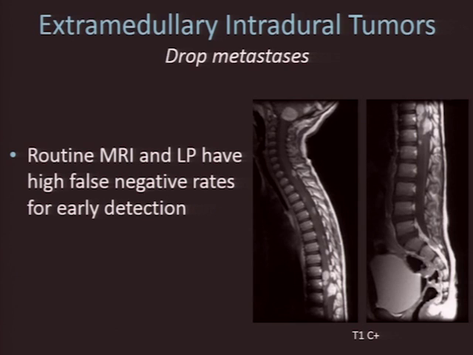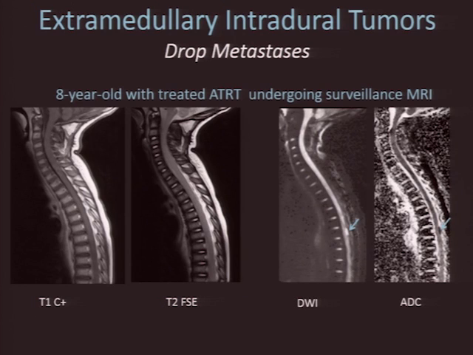And routine MRI and lumbar puncture have really high false negative rates for early detection. And we don't want to get to this degree to make the diagnosis of drop metastases. We want to try to make that diagnosis as early as possible to improve the survival for these children.